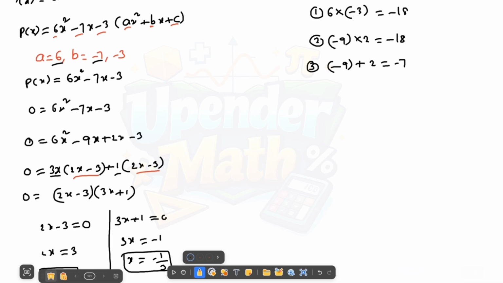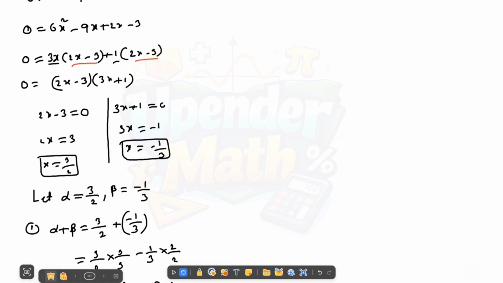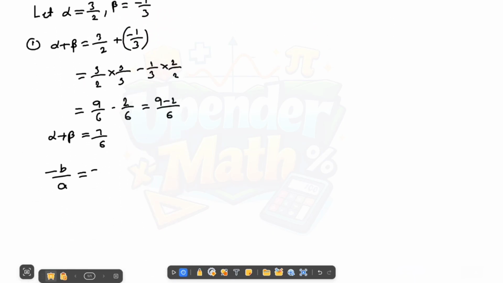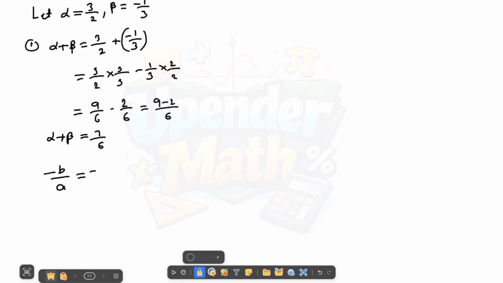So minus b by a is equal to minus of minus 7 by 6, which is plus 7 by 6.